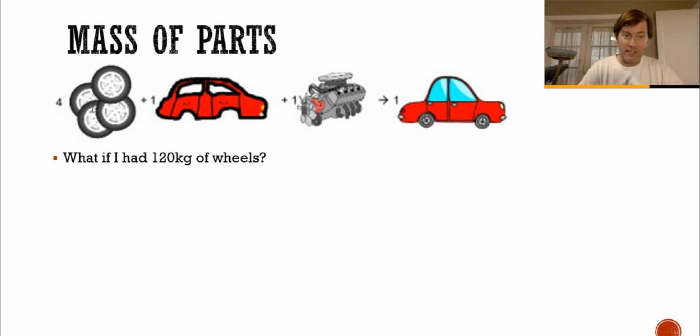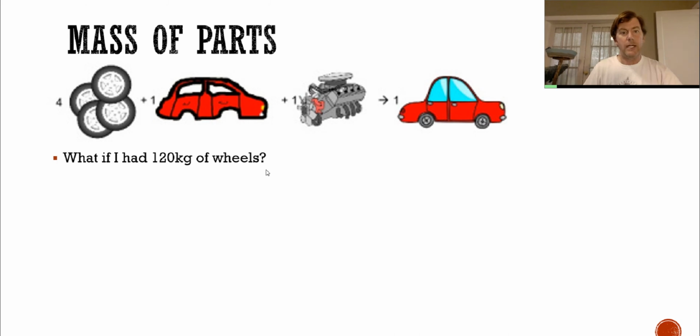Maybe if you had giant monster wheels and a tiny little chassis, that would be 4 times the amount. But for most cars, the wheels have much less mass than the chassis. This 4-to-1 is talking about quantity. So to figure this out, how many cars can I make from 120 kilograms of wheels? What do you need to know?